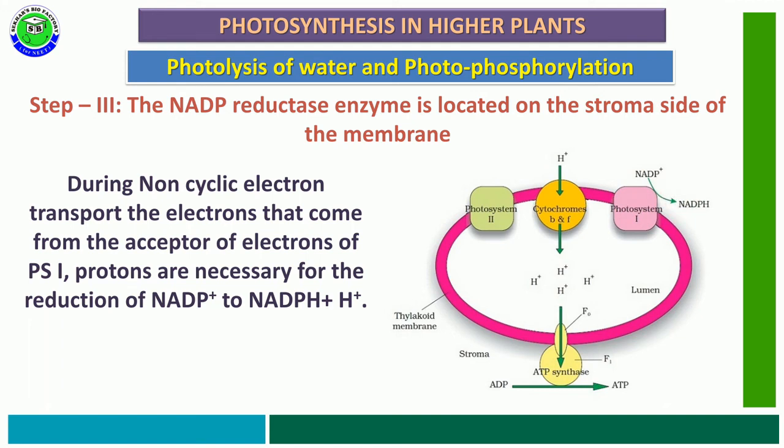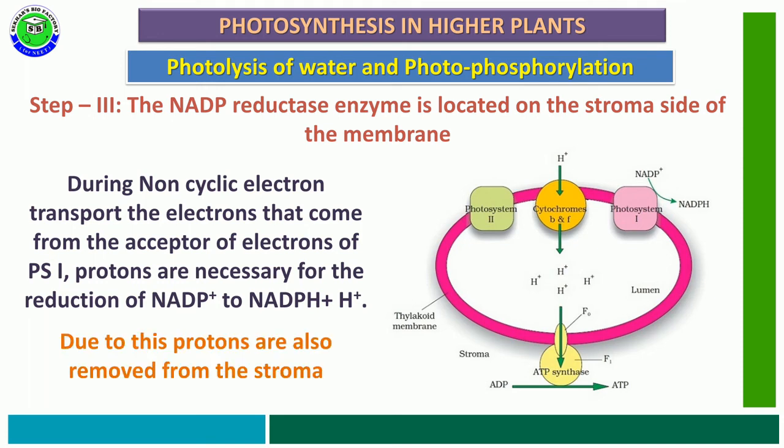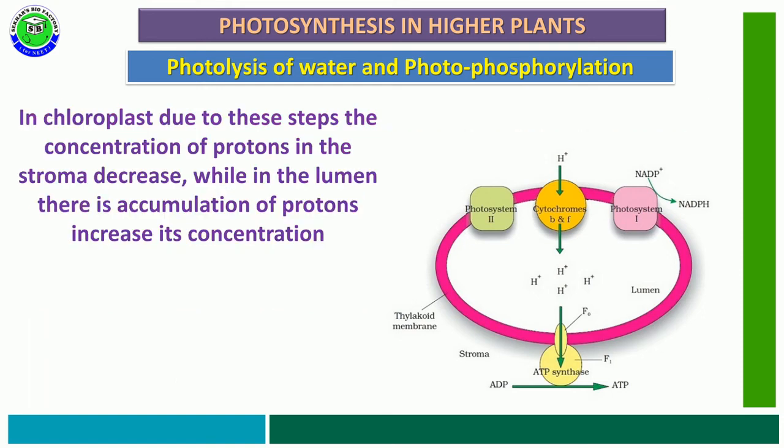Due to this reaction, the H+ concentration gradually decreases in the stroma, and compared to the stroma, more proton concentration is present in the lumen. That is the third reason. So because of these three steps, protons are removed from the stroma and the concentration of H+ gradually increases in the lumen, which creates a proton gradient.